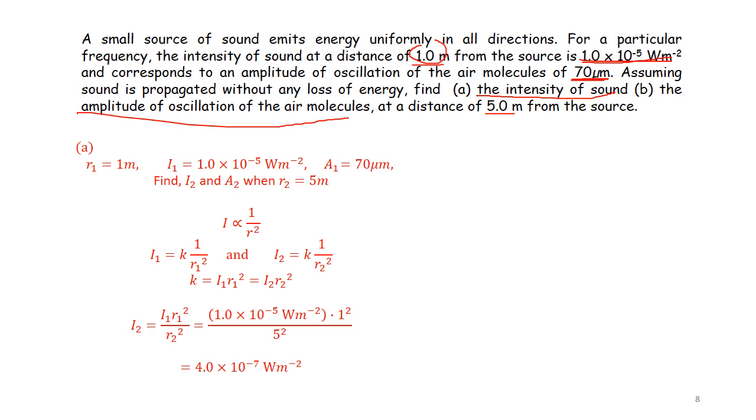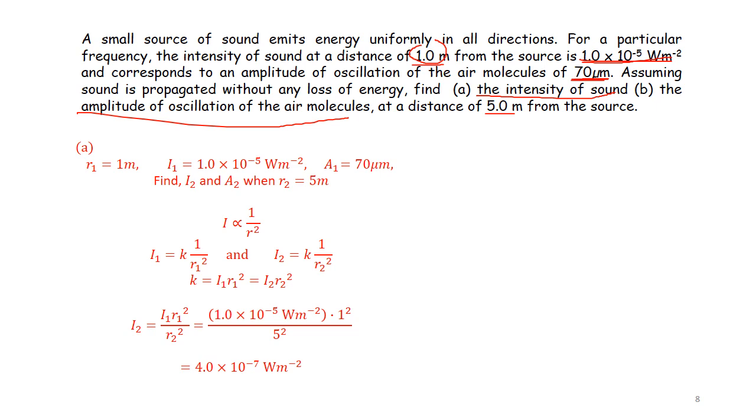So you do this. Since there is no loss of energy and it is the same medium, we assume that these parameters here are constant. So remember, this is rho omega squared A squared v over 4 pi r squared. But since it's the same medium, every other thing is a constant.